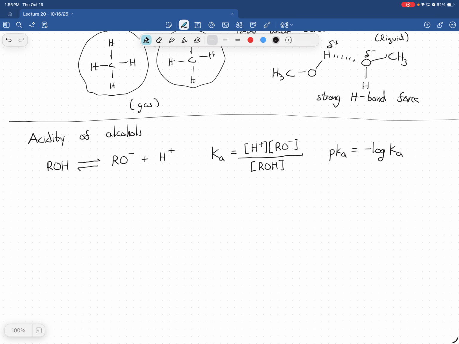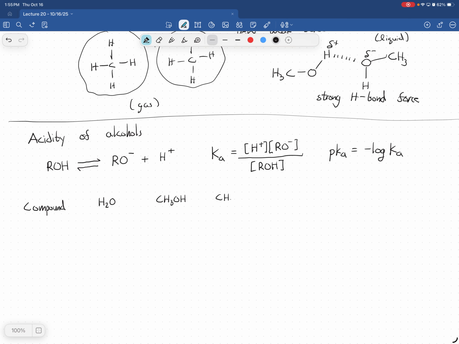So the pKa of alcohols changes based on what kind of alcohol you are: primary, secondary, methyl, or tertiary. All right. So let's look at our compounds. So compound H2O. In some textbooks, people will say the pKa of water is 14, but that's not correct.